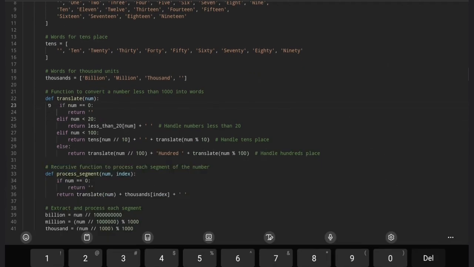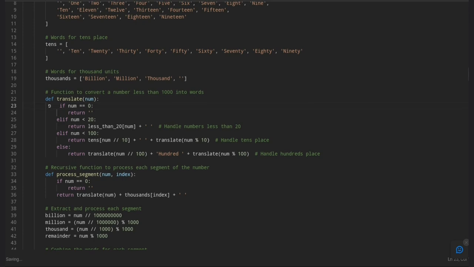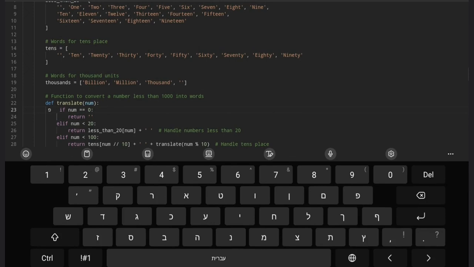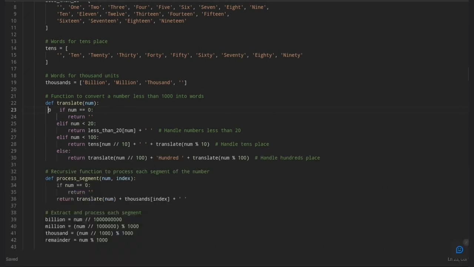The only thing that is missing is adding the billion, million, and thousand. And we do this each time we process a segment. Let's say we process the billions, then we add now the word billion to it, right?